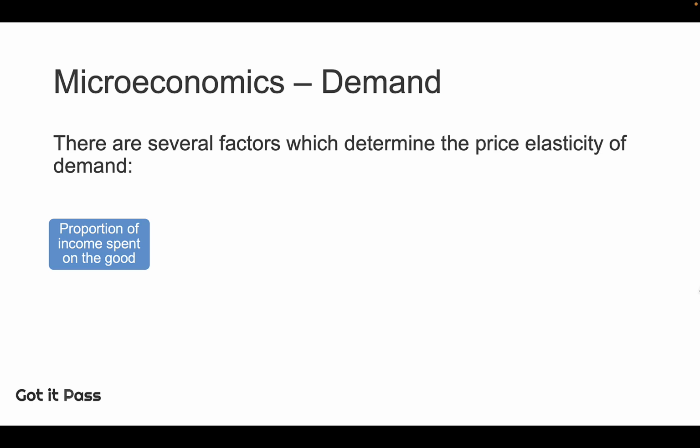Even for a price change, like a 10% increase on the sugar price, it's very unlikely to have a lot of impact on consumption. Therefore, the price elasticity of demand tends to be low when spending on a good is a small proportion of available income.